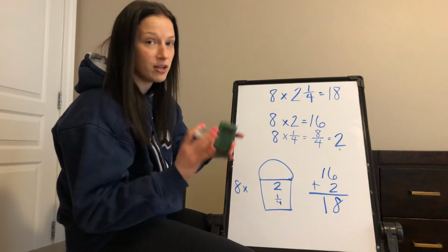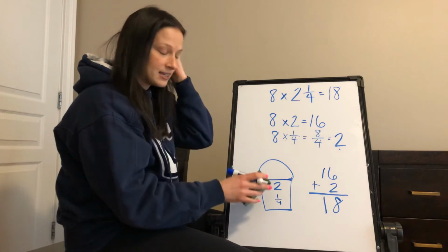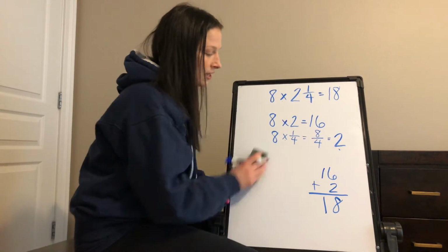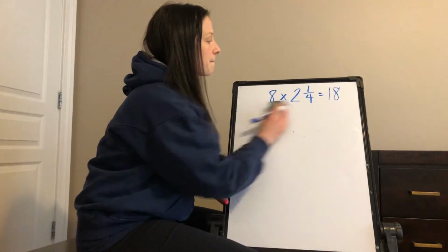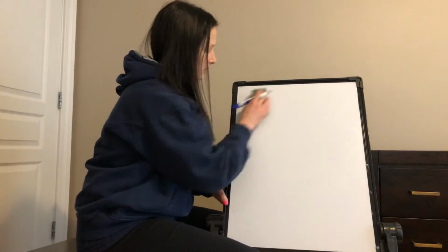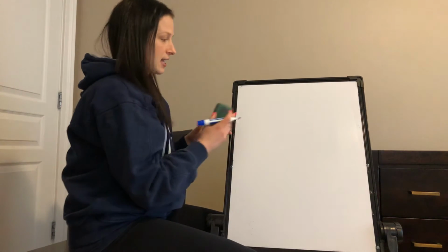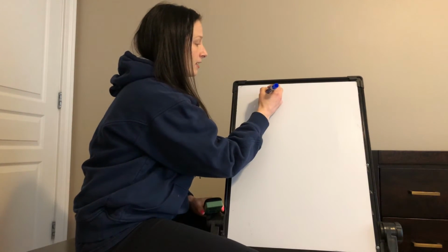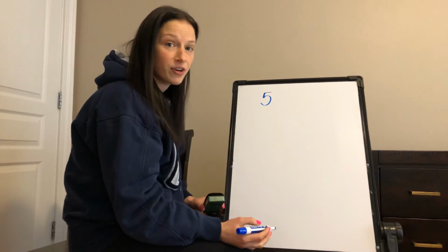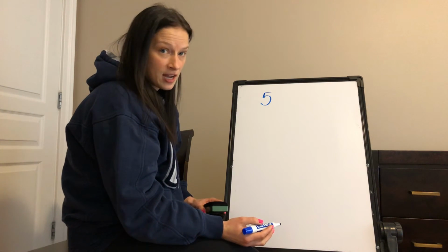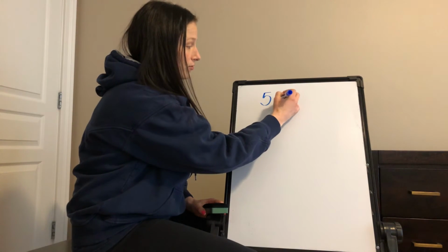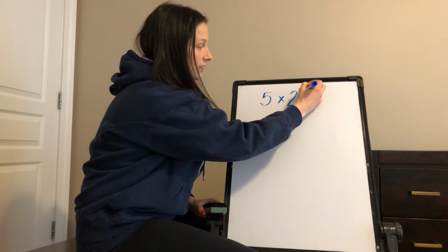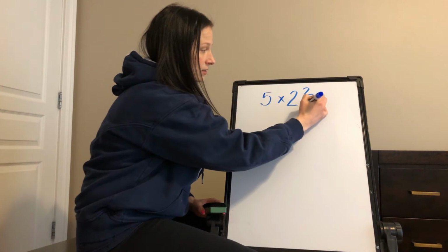Okay, so let's think about another story problem context and another group of mixed numbers. I'm going to do one more for all of you. Let's say that I have 5 days that I'm going for a run, and each day I'm going to run 2 2/3 miles.